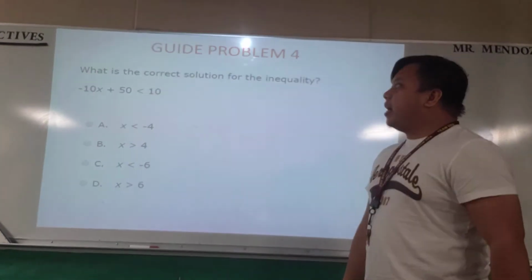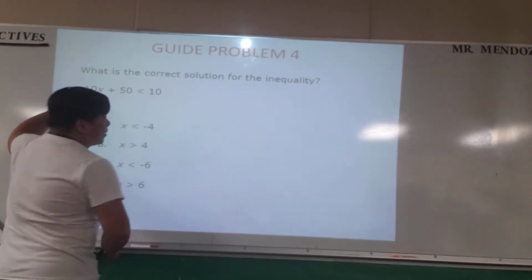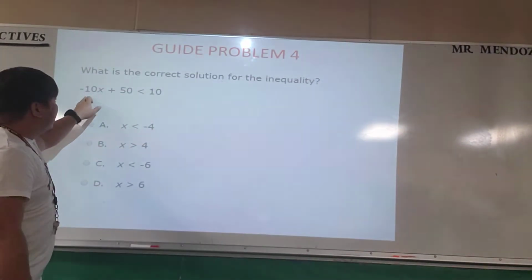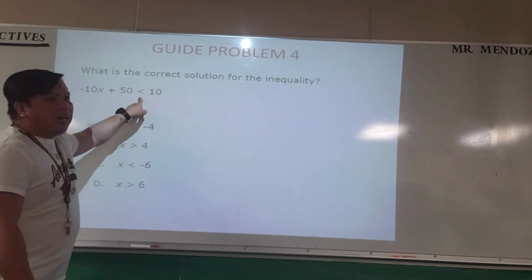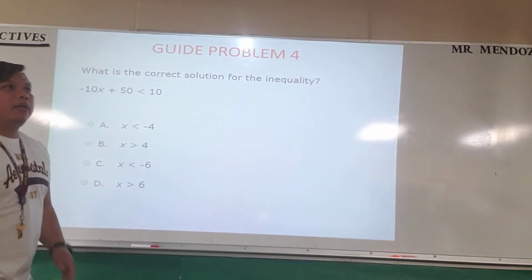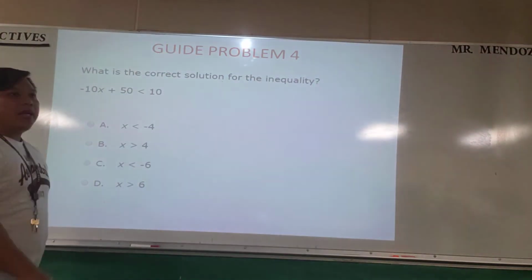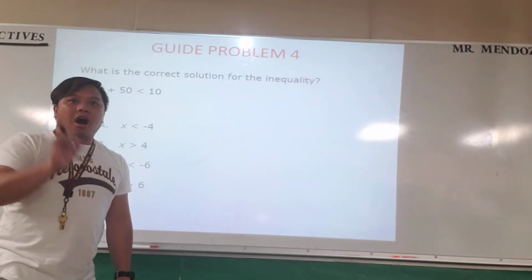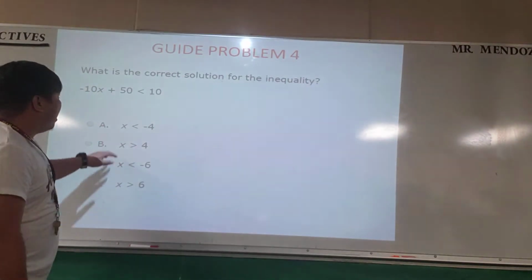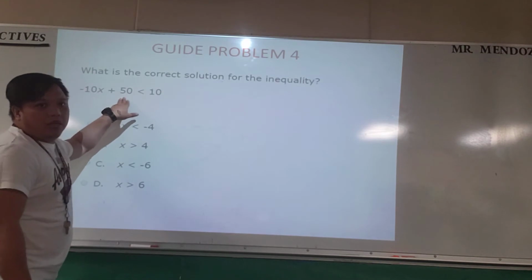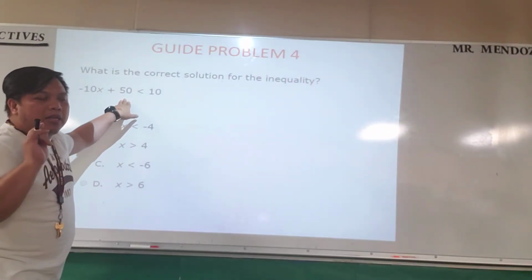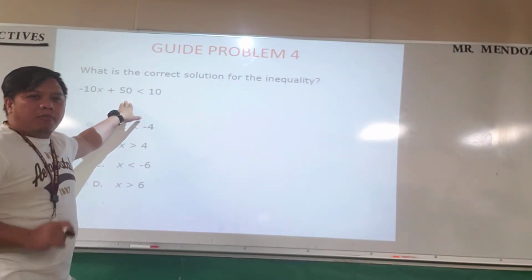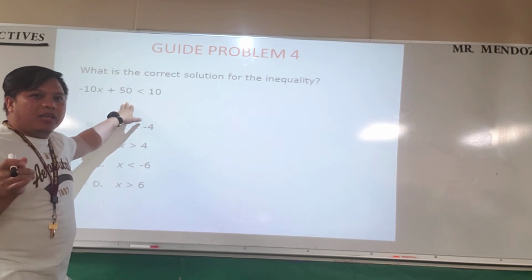So it says right here, negative 10x plus 50 is less than 10. Now I'm going to ask you, what are the operations that we're having here? I got plus 50. So what again is the inverse or the opposite operation of plus 50?